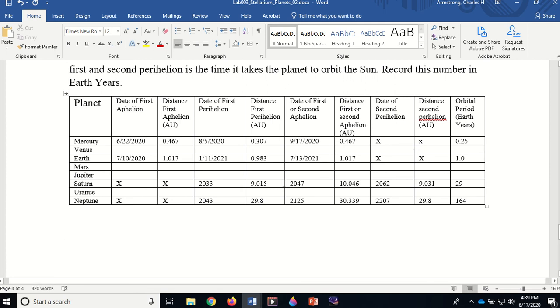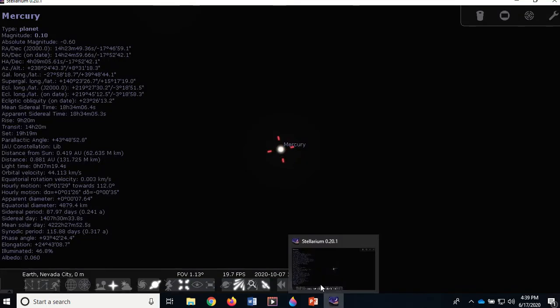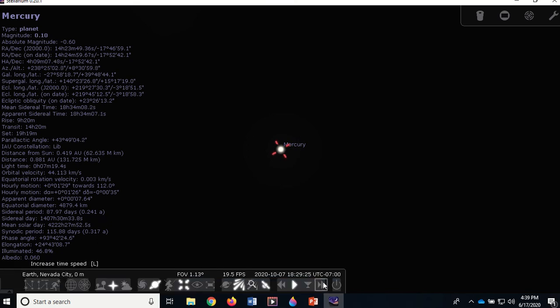That's the date. Oh, it was 9.015. Compared to 9.031. Okay, but up here they were exact. So let's look for a 0.467. So I'm going forward. What are we doing? Distance from sun.